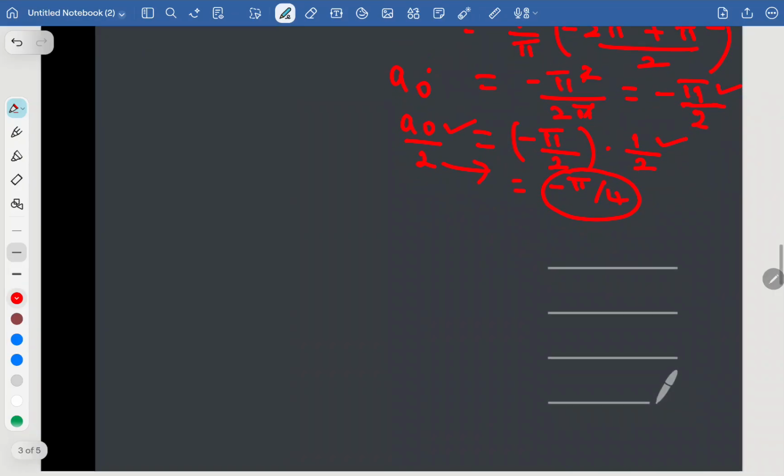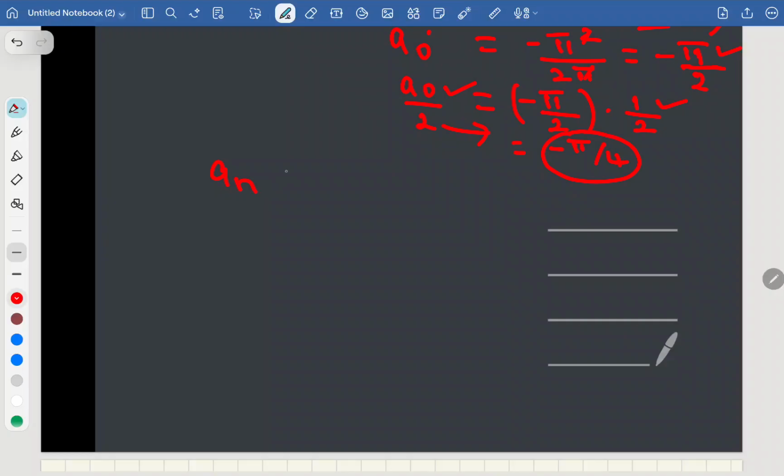Now I am going to find a n. To find a n, the formula is 1 by pi integral minus pi to pi f(x) cos nx dx. 1 by pi, again I am going to use the same formula: integral minus pi to 0 of f(x) cos nx dx plus integral 0 to pi of f(x) cos nx dx.